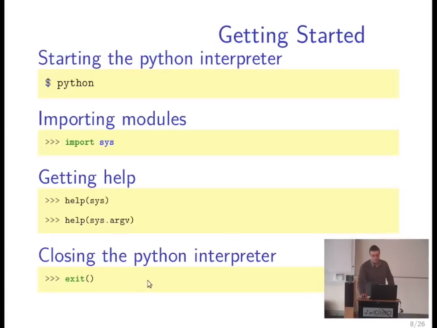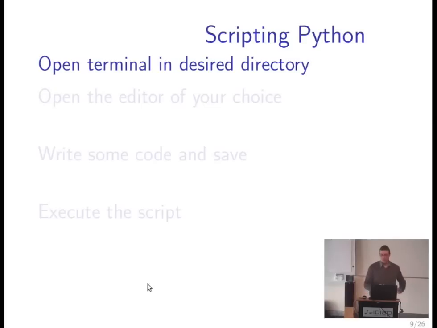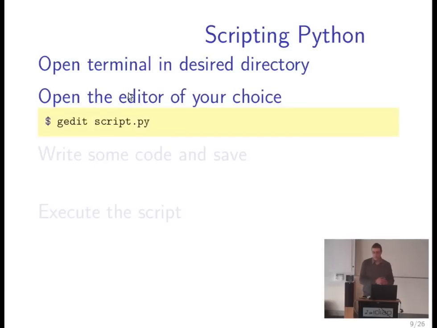That was the Python interpreter, but sometimes you want to store the information to execute some commands multiple times, and then you would like to script something. So to script Python, you first open a terminal in the desired directory.